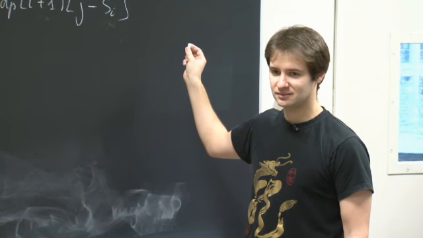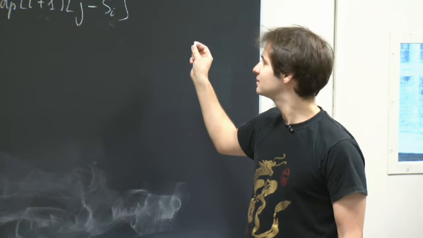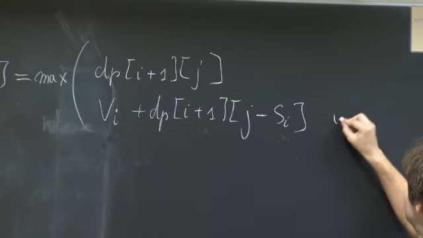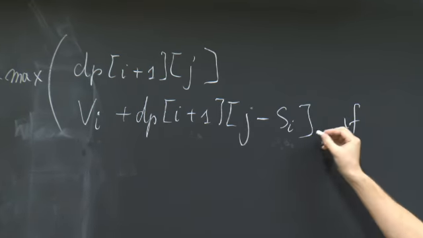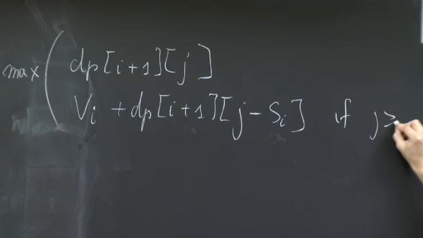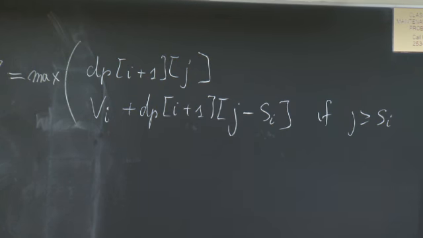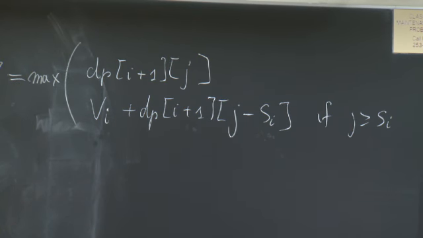Yeah, so that's greater than or equal to 0. This thing, right? Because otherwise the code is going to crash. So j minus s_i is greater or equal to 0. I think this means j is greater or equal to s_i. Right? Yes. OK.